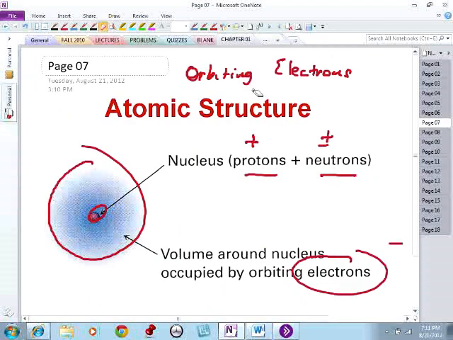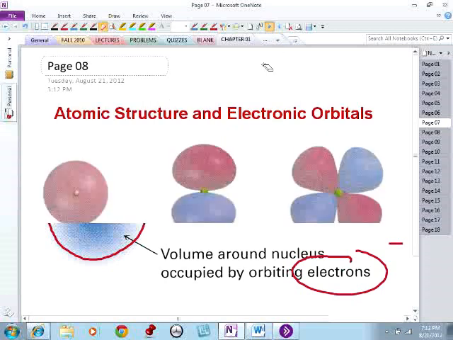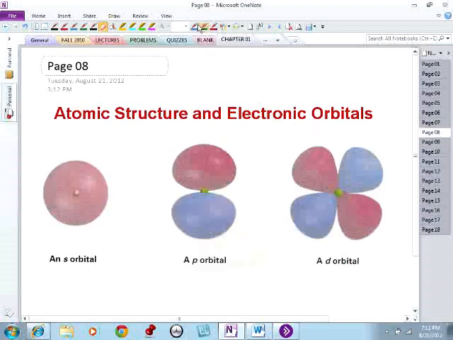Okay. I told you that those electrons, they move around the nucleus in very specific spatial regions, space around the nucleus. And this very specific region in space is what we refer to as atomic orbitals.